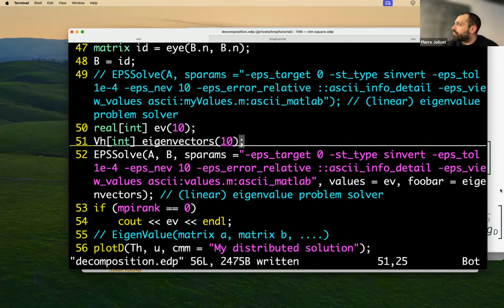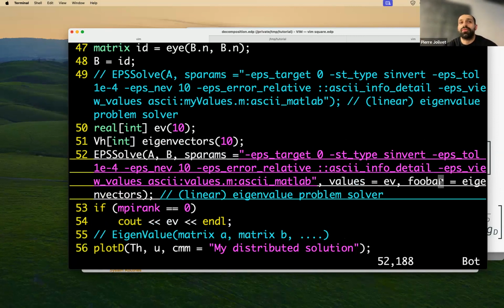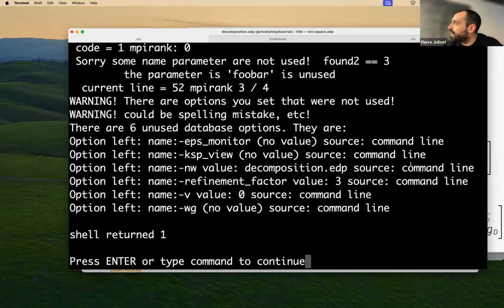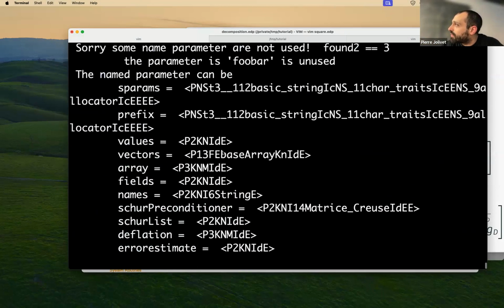Okay. And so here, of course, foobar does not exist. And so I will get an error from FreeFem, and it will tell me the list of named parameters that we can use, so that we can go back to the proper parameter. Okay, so again we see the nice list of parameters, and so I guess it will be something like vectors.